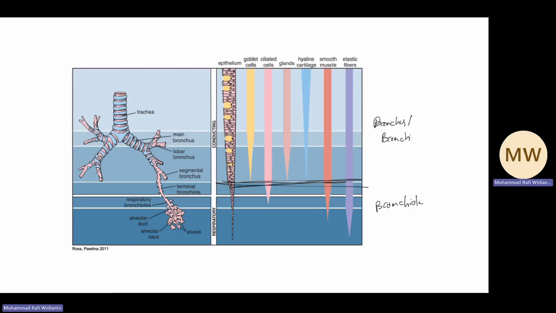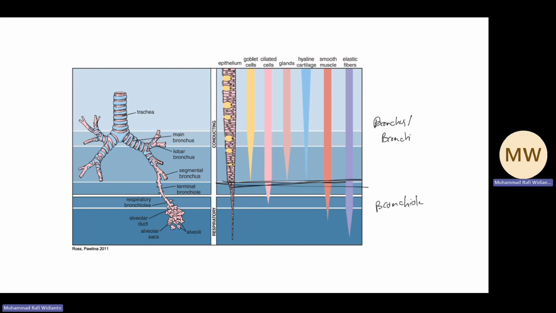Now, this picture is very important because it helps me compartmentalize what is present in each segment of the bronchial tree. After the segmental bronchus, that is when you'd see clearly the most difference in the bronchioles, sorry. So for example, in the terminal bronchiole, you would not see any goblet cells, you would not see any serous mucus glands, and you would not see any hyaline cartilage.